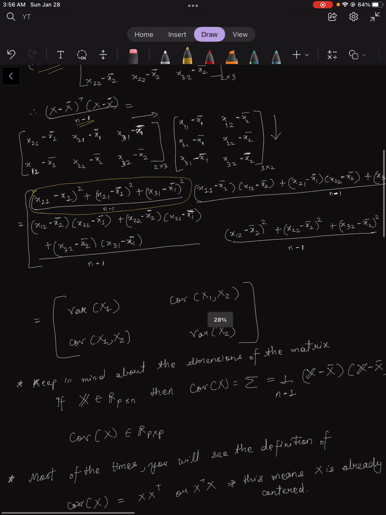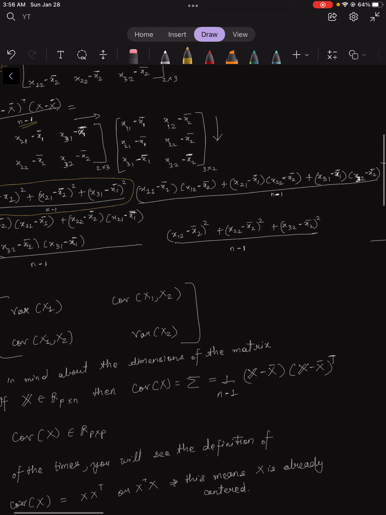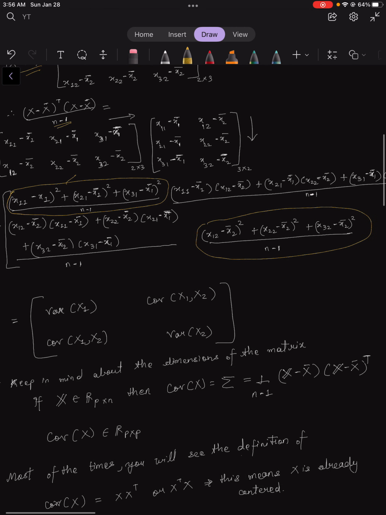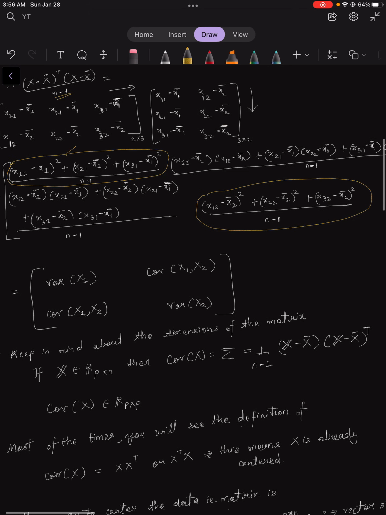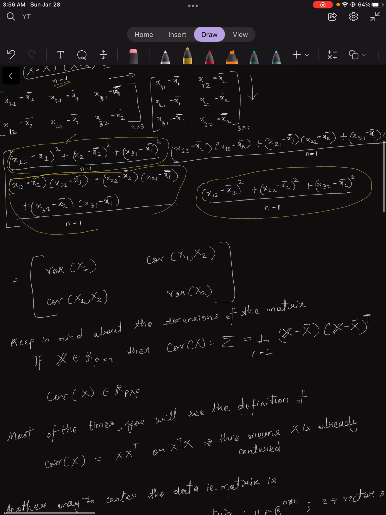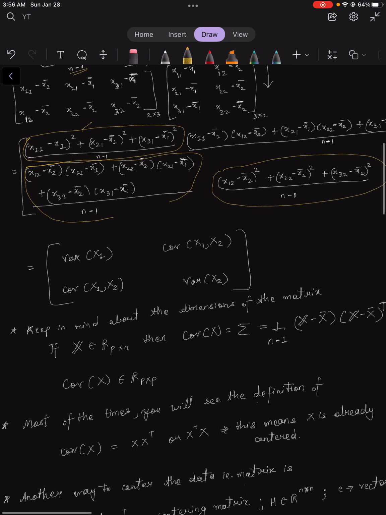Similarly, the bottom right expression is the variance for the second variable, whereas this is the variance for the first variable. The off diagonal elements represent the covariance between the first and the second variable. This is the covariance matrix.